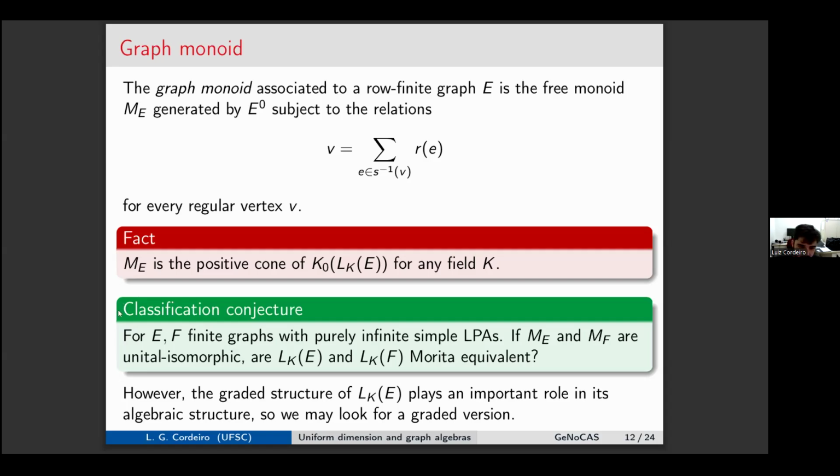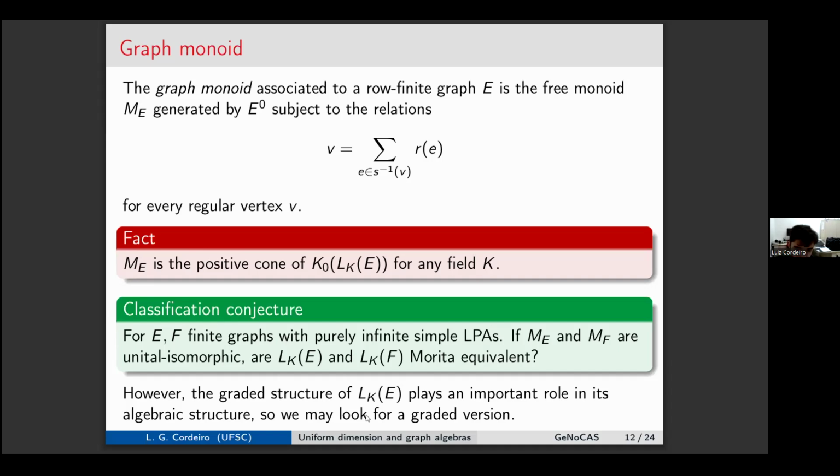All right. So we can restate the classification conjecture, or the algebraic Kirchberg-Phillips conjecture, with the graph monoids, which says that if E and F are finite graphs with purely infinite simple Leavitt Path algebras, and there is a unital isomorphism between the graph monoids, and unital will be specified a little further, are the Leavitt Path algebras Morita equivalent or isomorphic?